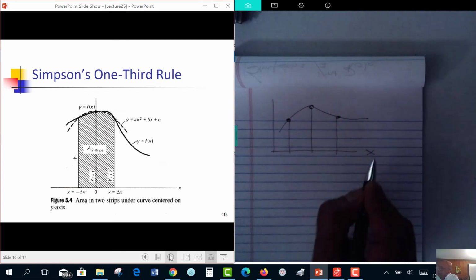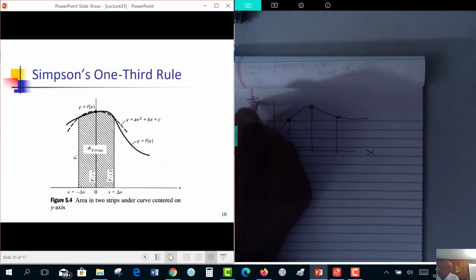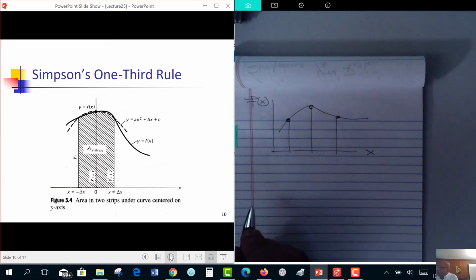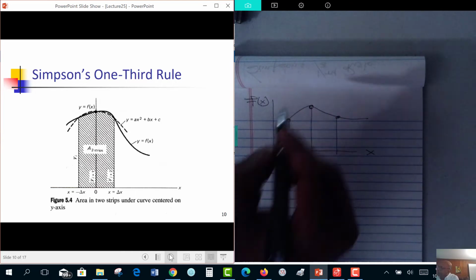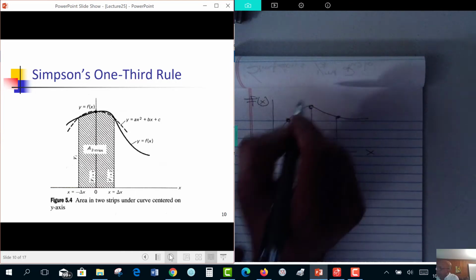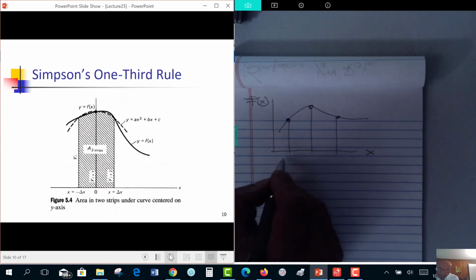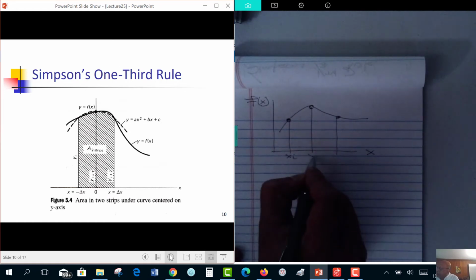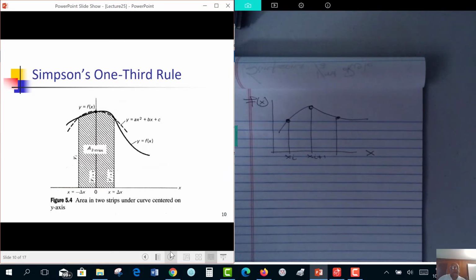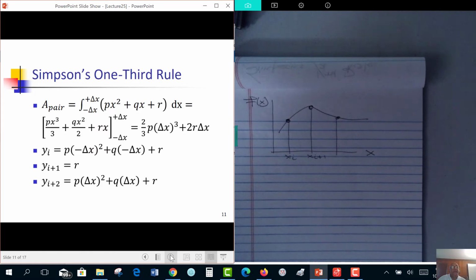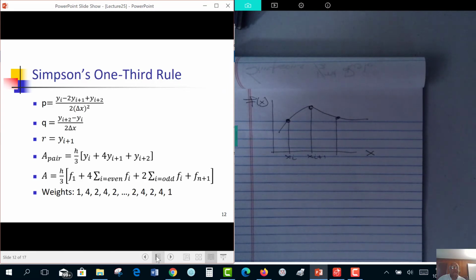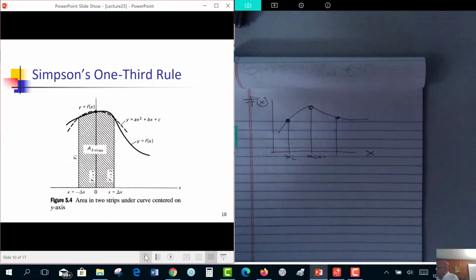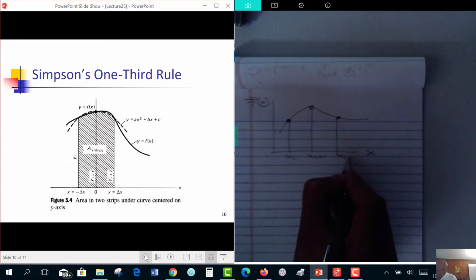So this is our x. This is our function of x. So let's say we are going to pick up the strip that is centered around xi plus 1, and xi plus 2.